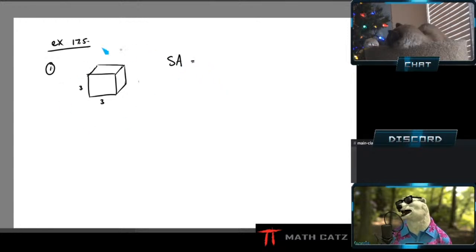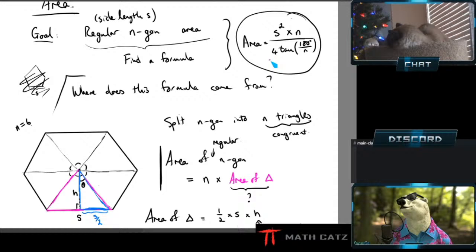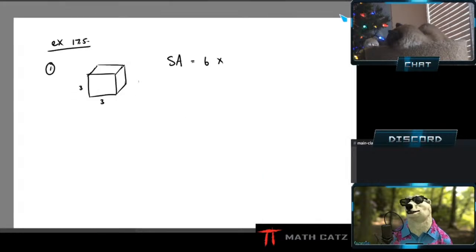All I need to know is how many faces does the cube have? 6. Now it's a square face in this case. Don't use a fancy formula when you don't need to. The square has its own simpler formula. 3 squared. 6 times the area of a single face. What's that? 9 is 54. And that is square centimeters.